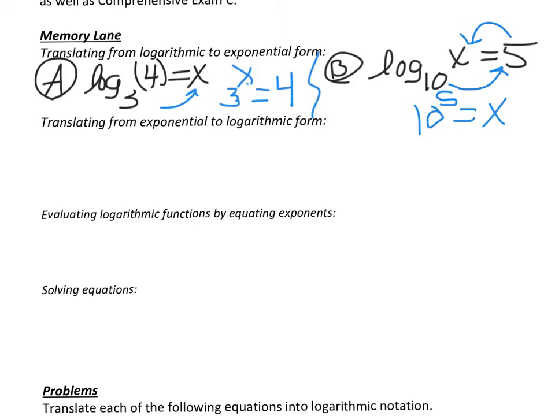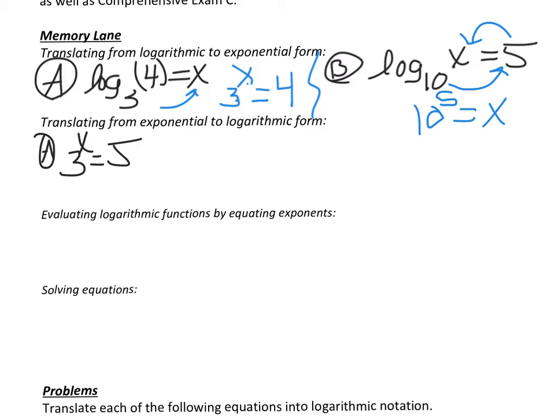We can go the other way, which is the next one, translating from exponential to logarithmic. And we see for the first example why that's important, and we're going to go backwards. If we have 3 to the x is equal to 5, for this one, we can't equate the bases or the exponents to make them equal to each other, which is one of our favorite ways of solving problems that have variables in the exponent.